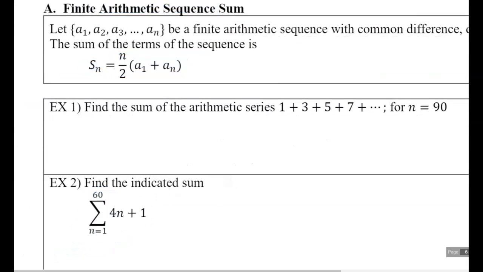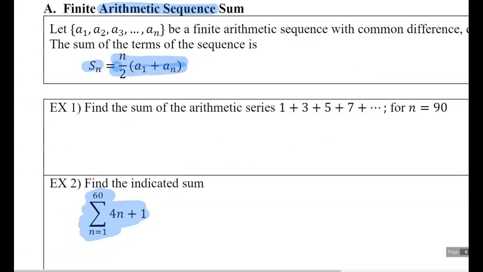Any questions on that? Any questions in general? Do you feel good? Do you want me to do another example?